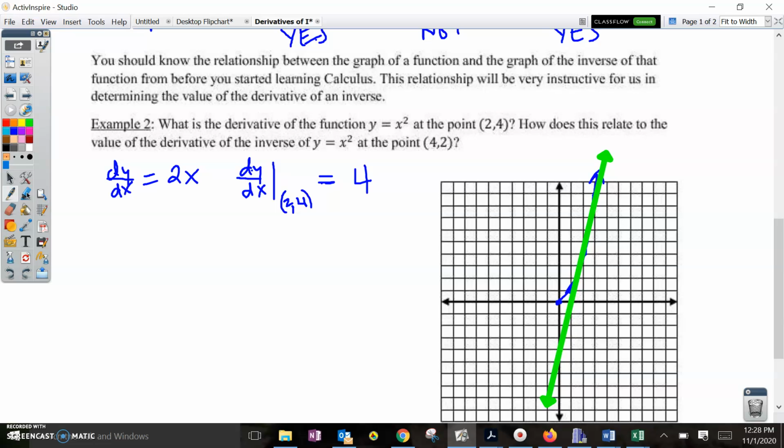Okay, now the question that we have is how does this relate to the value of the derivative of the inverse at the point 4, 2, which is the mirror image point on the inverse function from the original function.